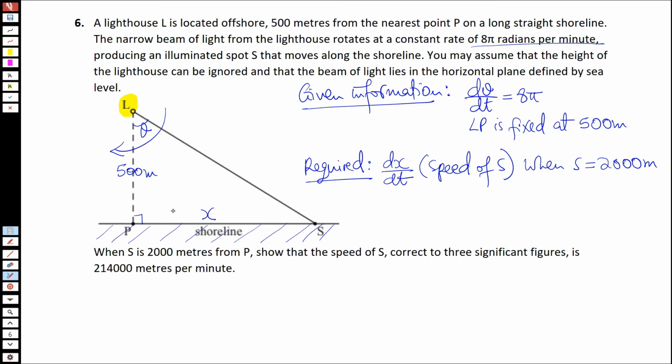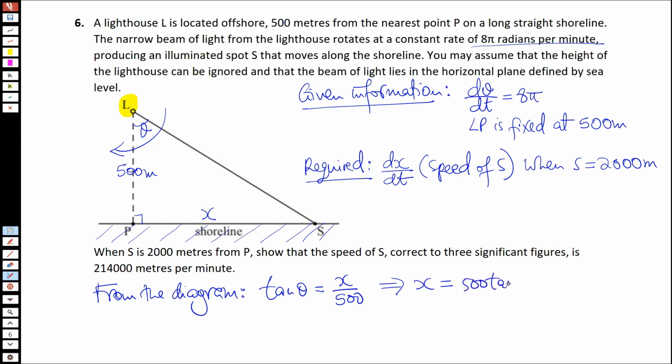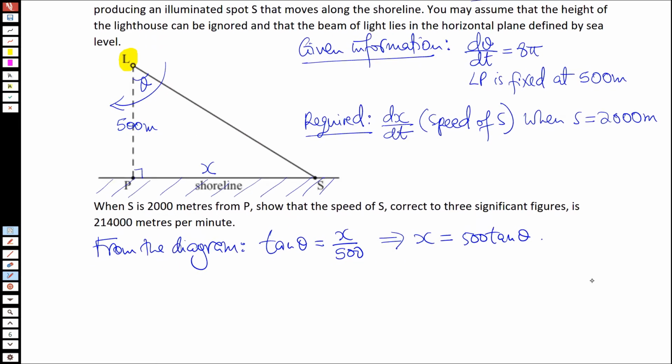From the diagram, we know that this trig relationship is true. Tan theta will be equal to x over 500, because 500 is fixed. So that implies that x is equal to 500 tan theta. And because we want to find the rate of change of x, we can differentiate this implicitly.